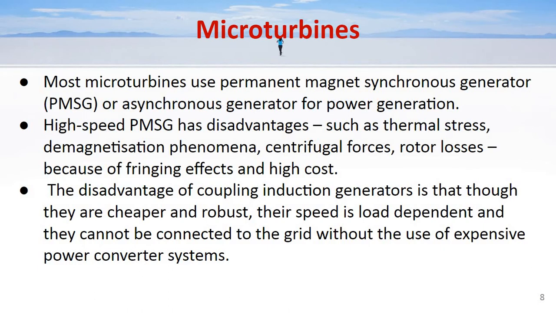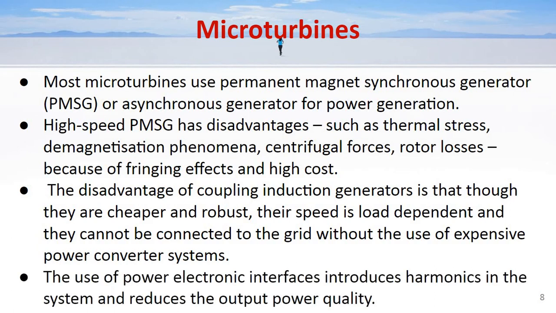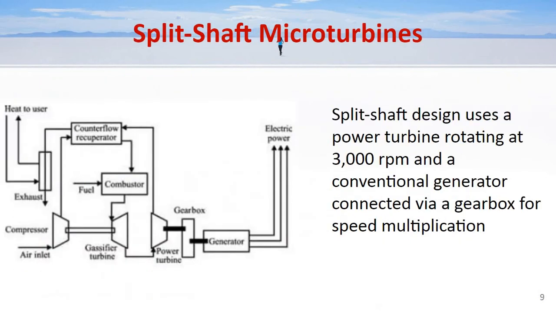The disadvantage of coupling an induction generator is that though they are cheaper and robust, their speed is load dependent, and they cannot be connected to the grid without the use of expensive power conversion systems. The use of power electronic interfaces introduces a lot of harmonics in the system and reduces the output power quality.